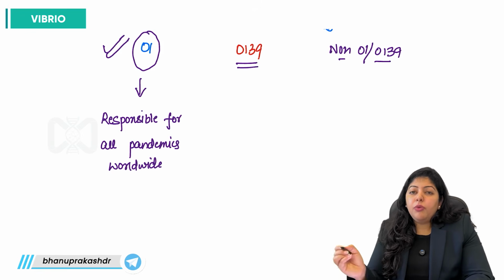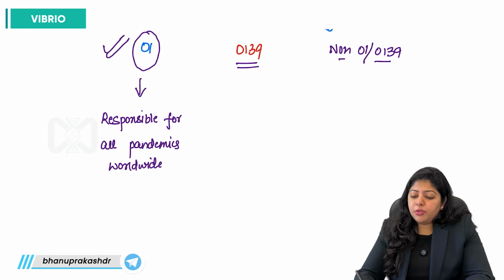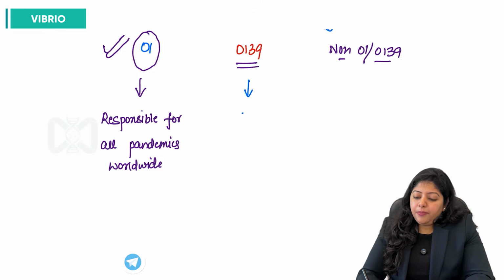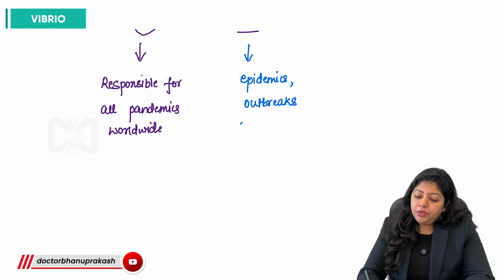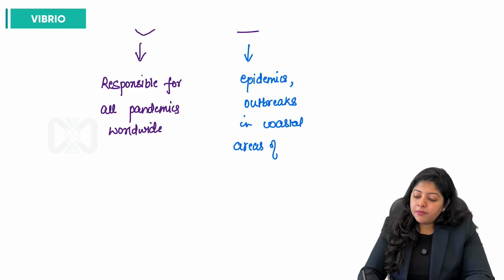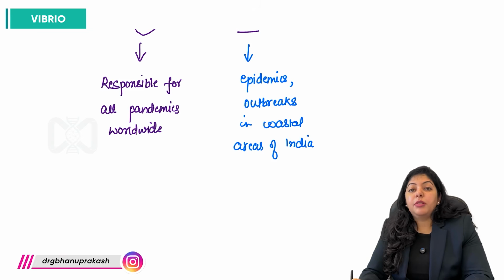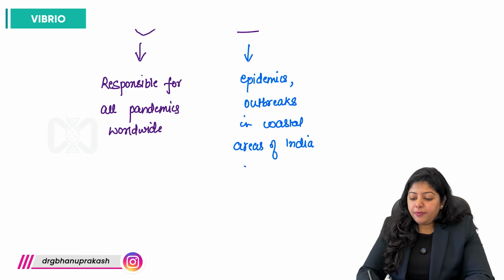And then we have O139. This was responsible for certain epidemics and outbreaks in coastal areas of India and Bangladesh, but was not responsible for any pandemic.